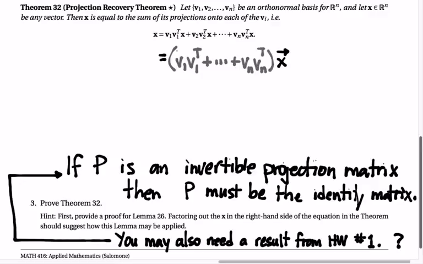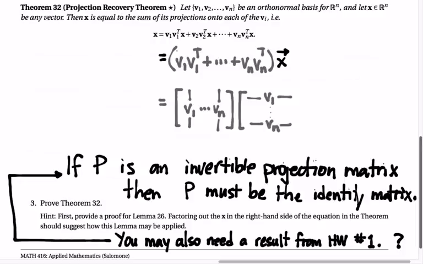This is really the same thing on the right-hand side as what we would get by taking a matrix whose columns are V1 up through Vn, multiplied by the transpose of that same matrix, V1 up through Vn, times x.